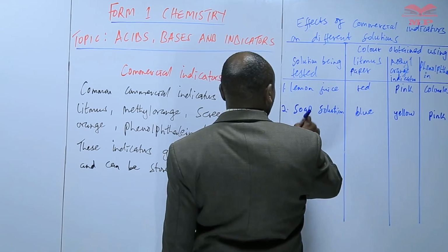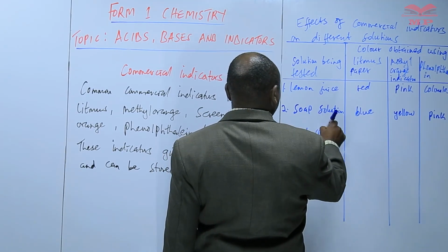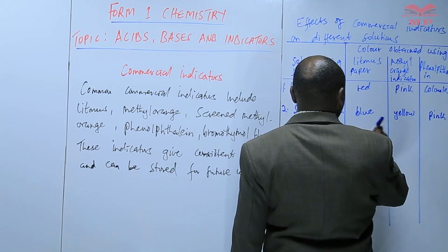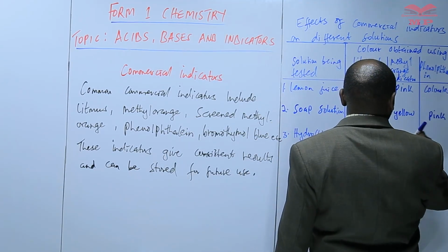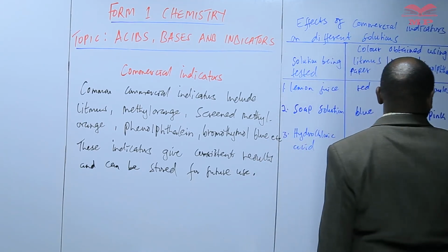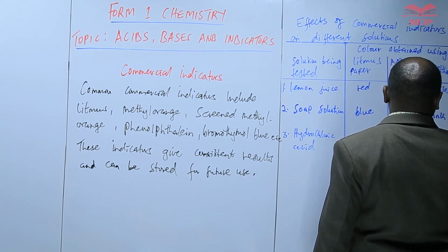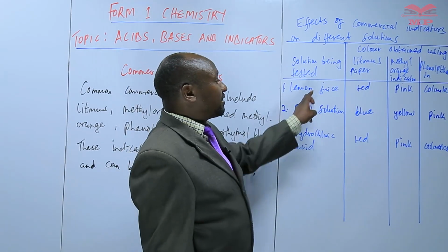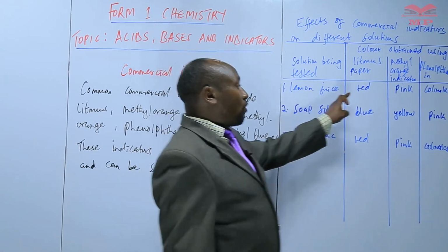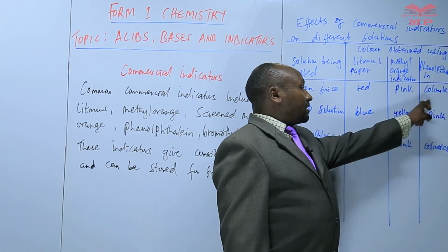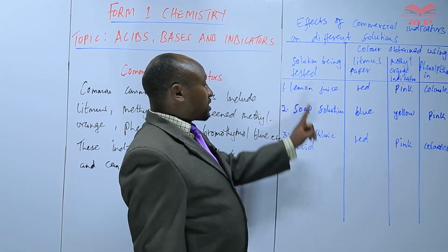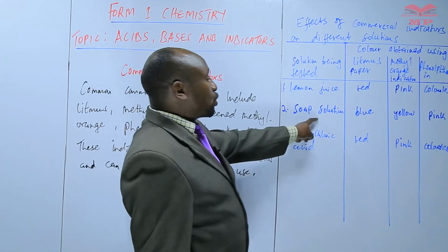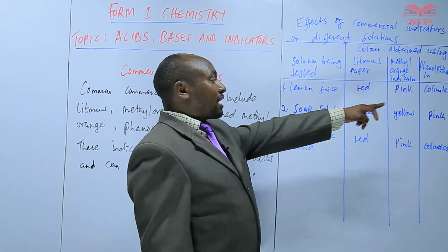We take an example of hydrochloric acid. In litmus, it will be red, in methyl orange pink, and in phenolphthalein colorless. So we can observe that hydrochloric acid is behaving the same way as lemon juice in all the indicators, and that is an indication that lemon juice and hydrochloric acid are acidic. But soap solution is not acidic. That's why it's giving us different colors.